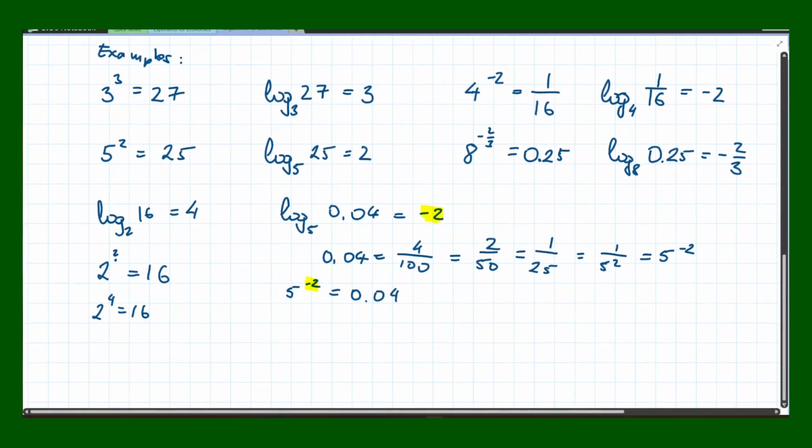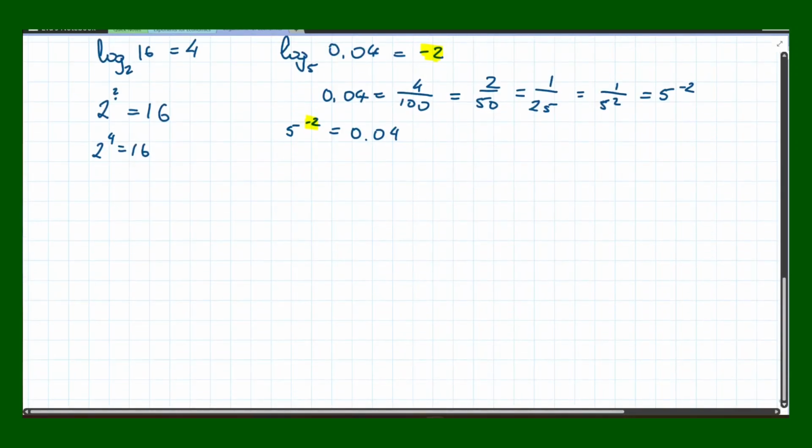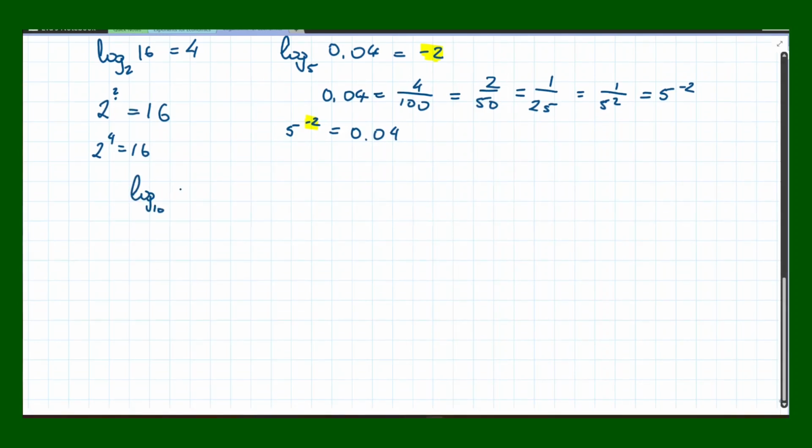Let us make a bit more space again and then look at 2 more examples. Log base 10 of 0.001. What is this equal to? Again, 0.001 is just 1 out of 1000 because this one is in the thousandths place.